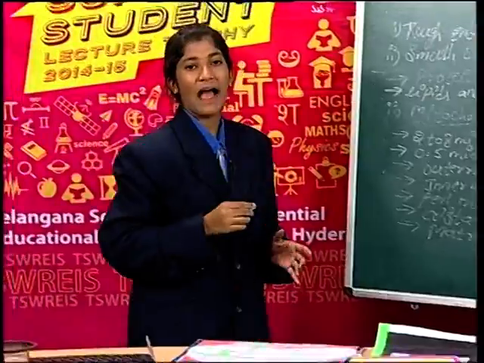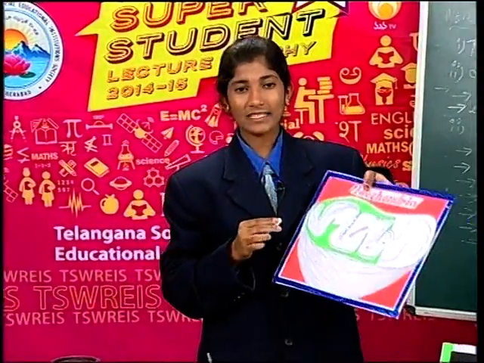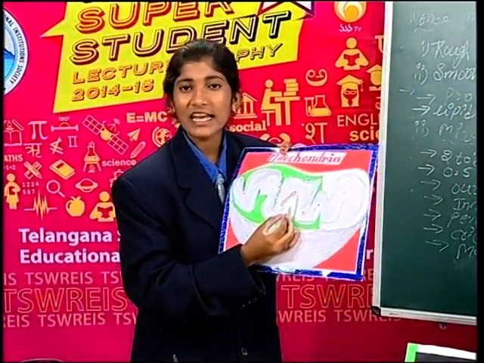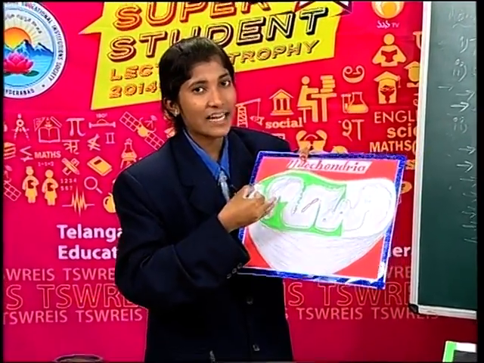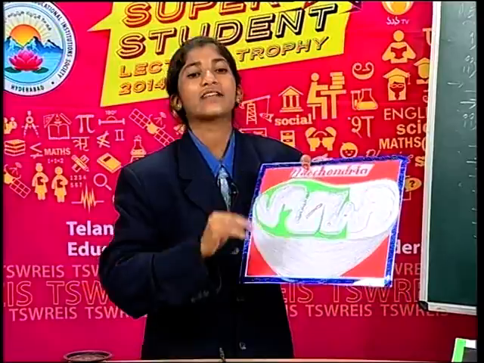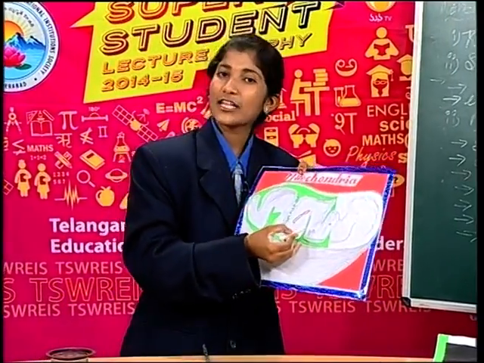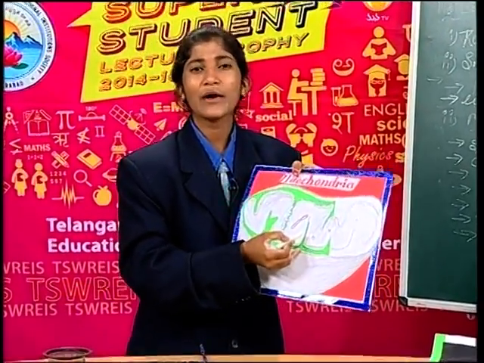In this matrix, circular DNA and 70S ribosomes are present.